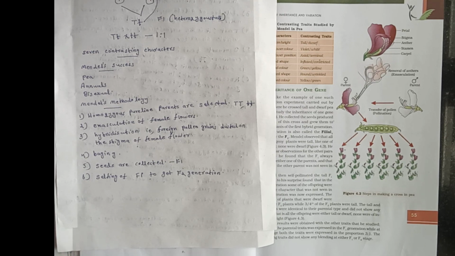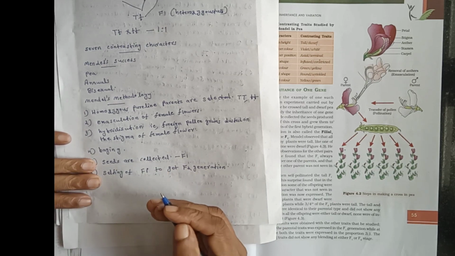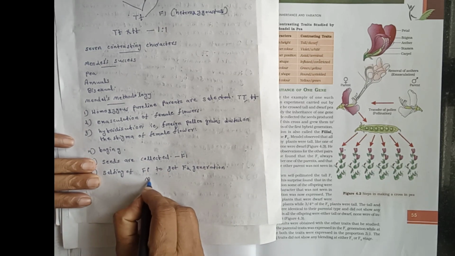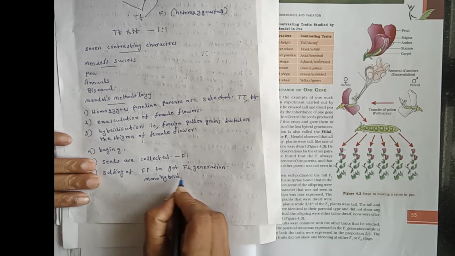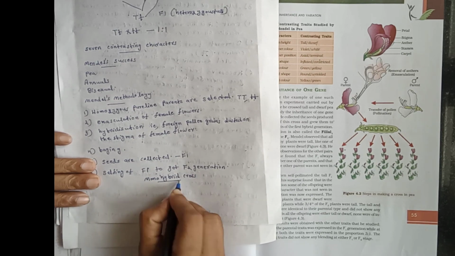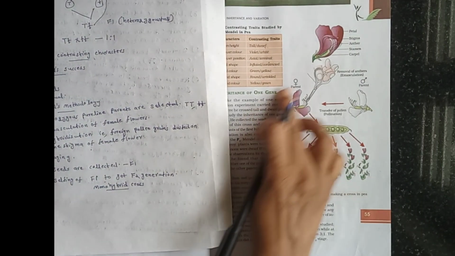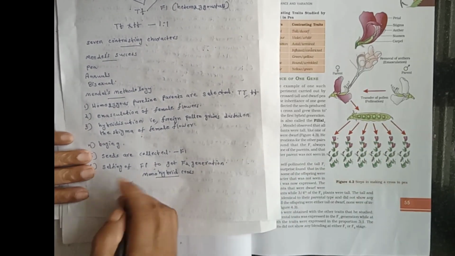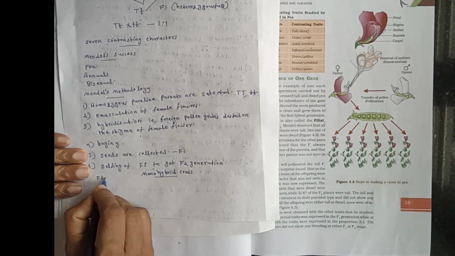Then we can discuss monohybrid cross. We can choose flower color. The trait is flower color.